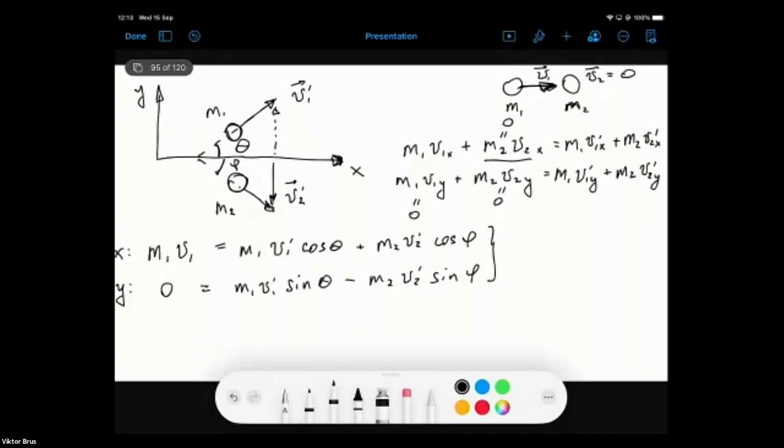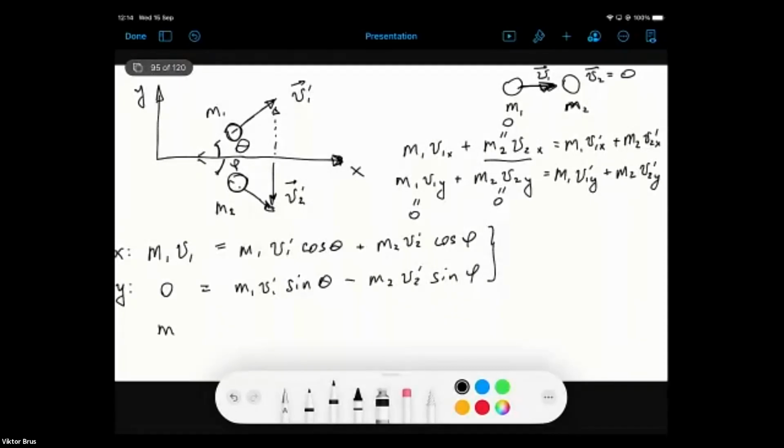However, if this collision is considered to be elastic, then we can also write an equation which stands for conservation of kinetic energy, and that will be an additional equation in this set.